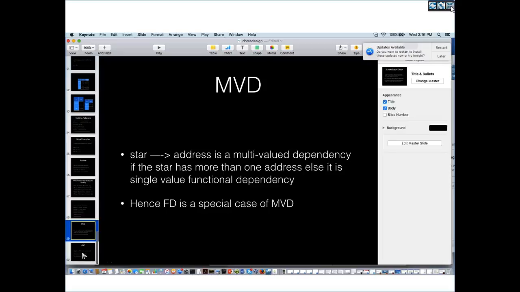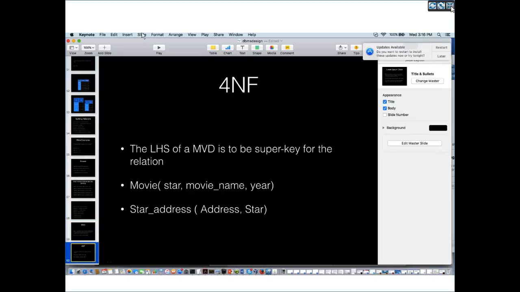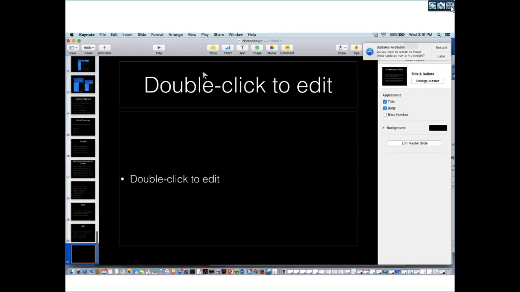Right? Now, for completeness' sake, I will also show you what is the join dependency. Okay?